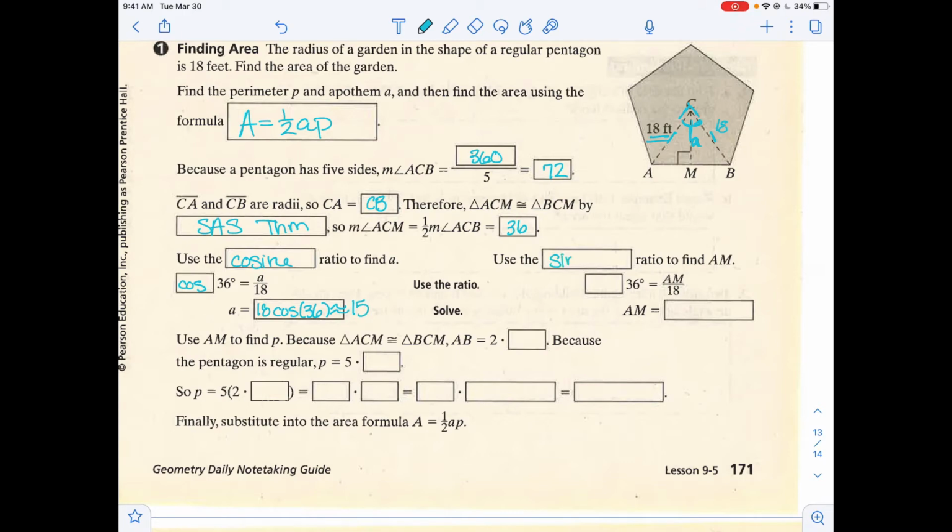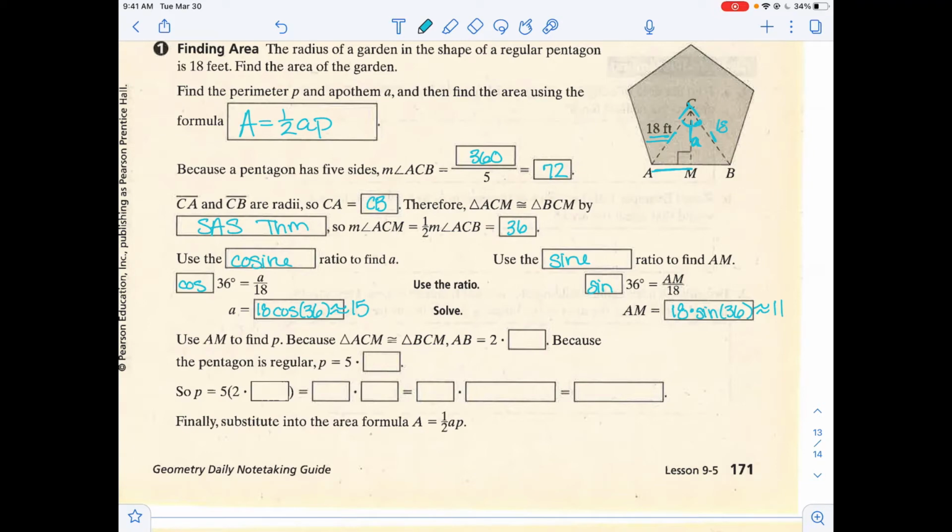Then we need to use the sine ratio to find AM, which is the opposite side. So the sine of 36 equals AM over 18. So we need to do 18 times the sine of 36, which is about 11.